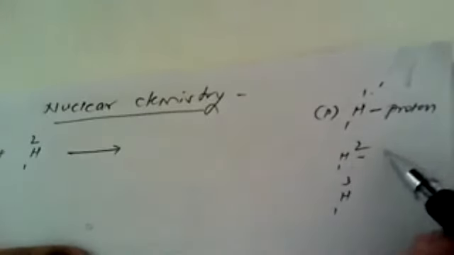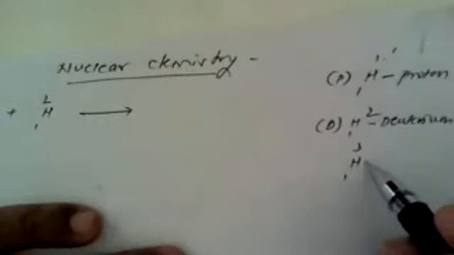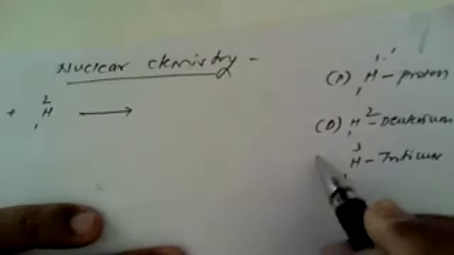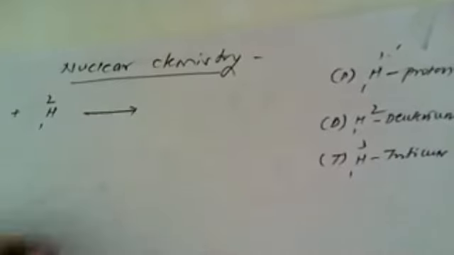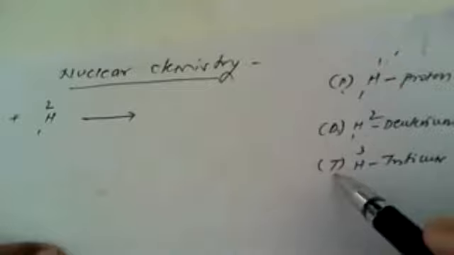The first species is known as a proton, denoted by the letter small p. This one is known as deuterium, abbreviated as D. And this one is known as tritium, denoted by the letter T. So in the notation of these projectiles, the letter P, D, or T may be used.